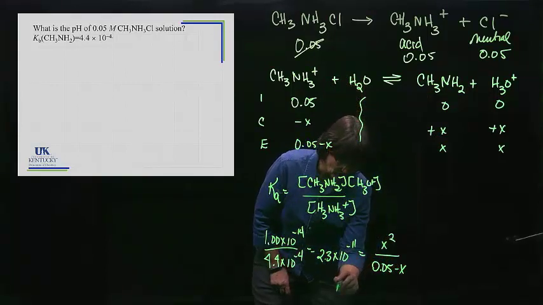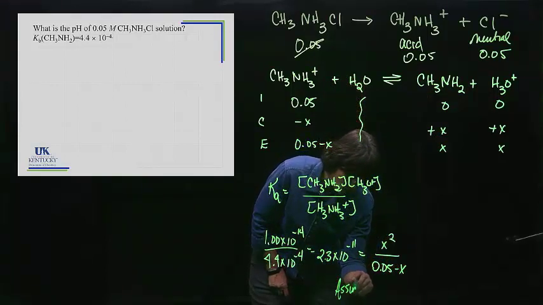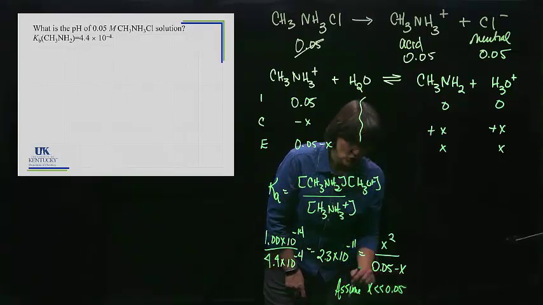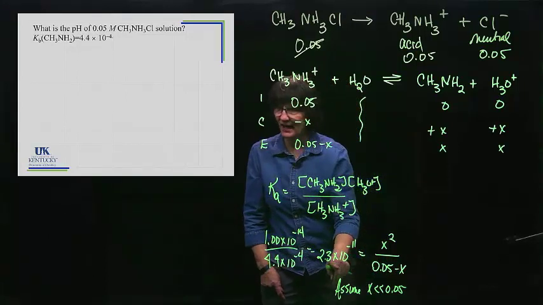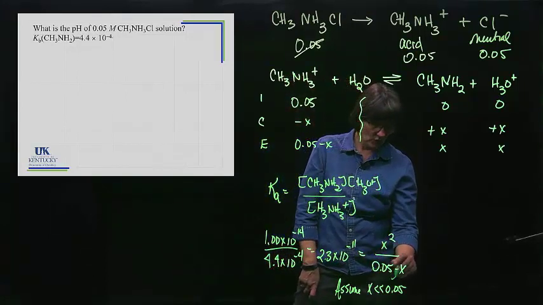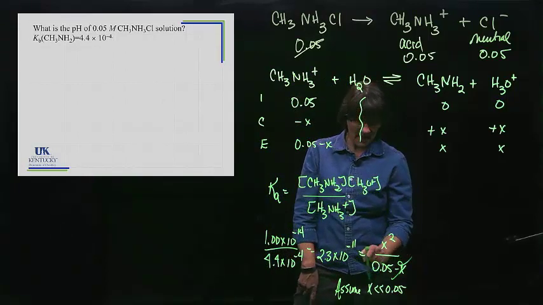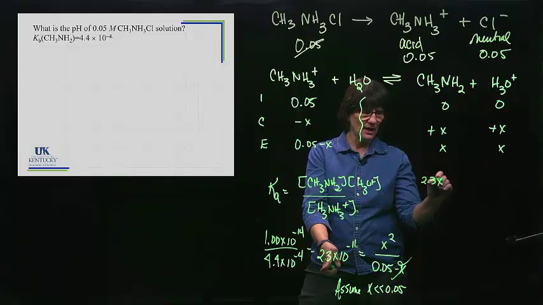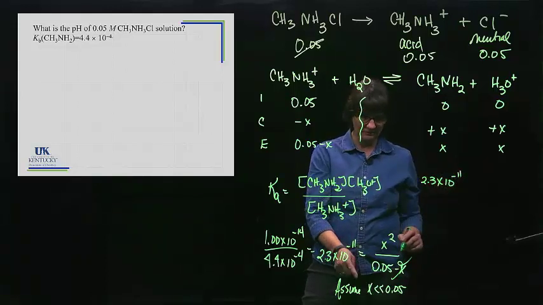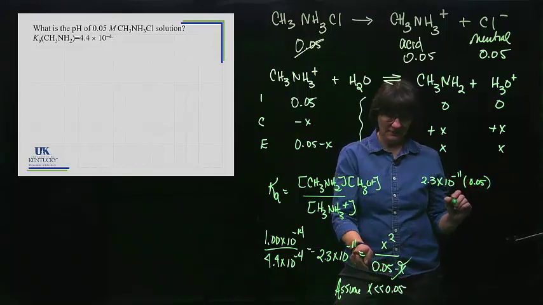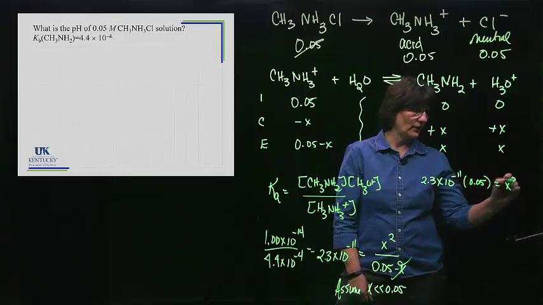How about the assumption? Can we assume that x is much, much smaller than 0.05? Sure we can. That's a very tiny Kb value or Ka value. So I can ignore this x, okay, and I can solve for x. So we'll have 2.3 times 10 to the minus 11 times 0.05 is equal to x squared.